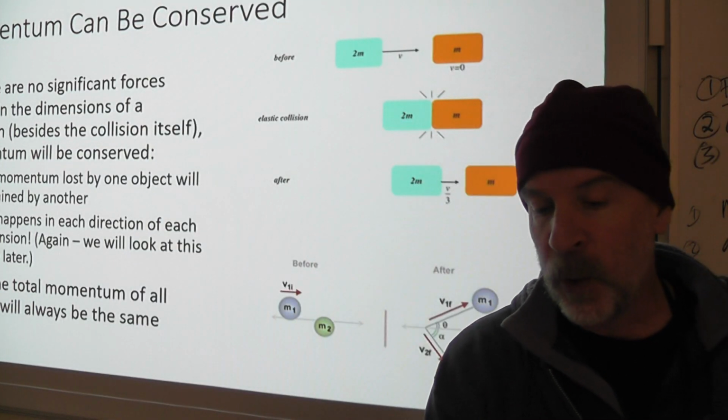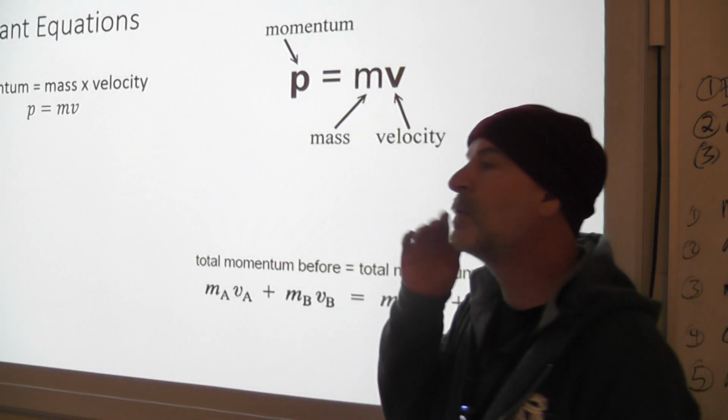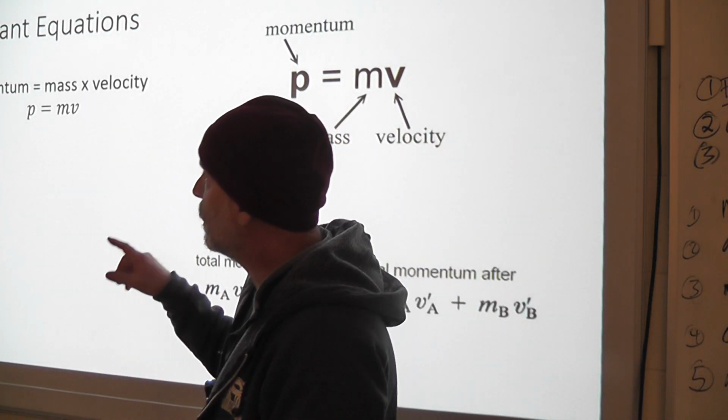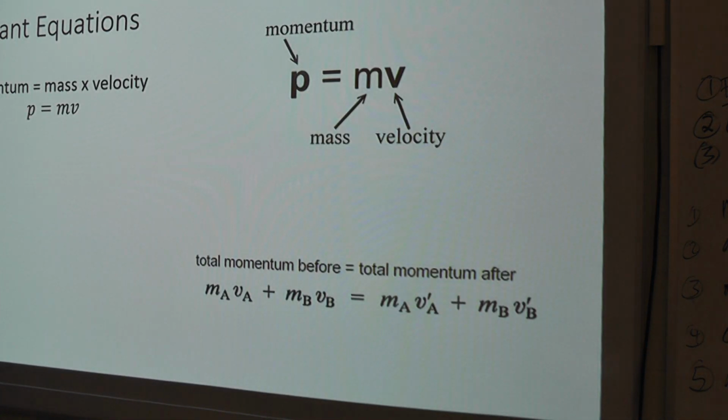Khalil brought up equations, and here are the equations that we're going to use over the next couple of weeks. The first is our momentum equation, and for historical reasons, the variable for momentum is a p. It's p because another word for momentum is impetus, which starts with an I. But we use I for other things, so they use the p, and that's as far as I can go with why momentum is a p, but it is.